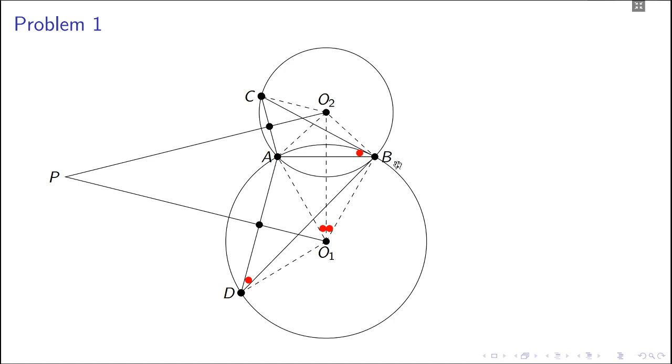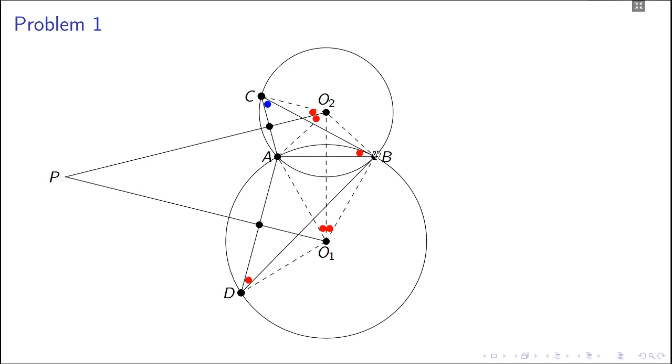Angle O1BA will be equal to 90 minus this. And since O1BC is 90, this is equal to that. Now you can continue. This angle is subtended by this chord AC, so AC will subtend double of this at the center, and this is a bisector here, so these two angles will also be equal to this red angle here. So we have this, and now you look at the other angle, this one.